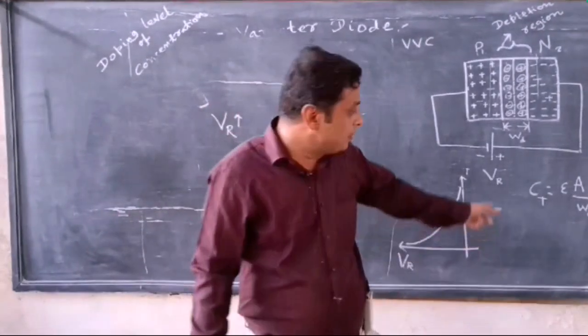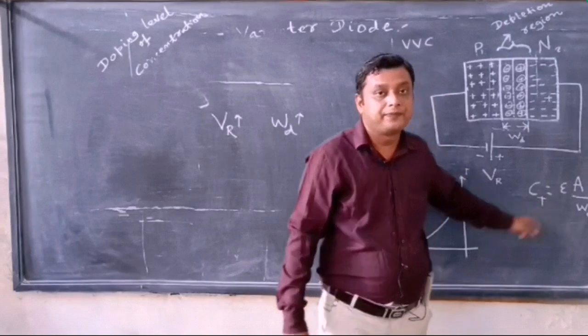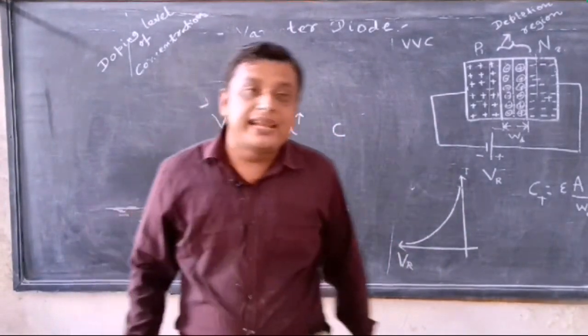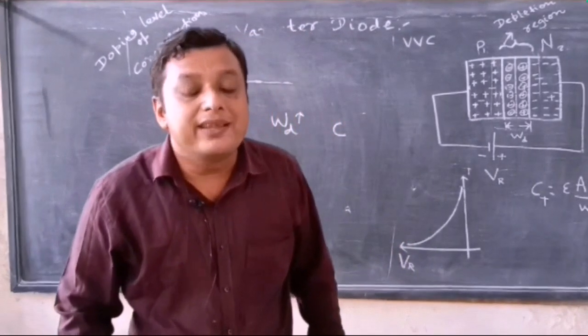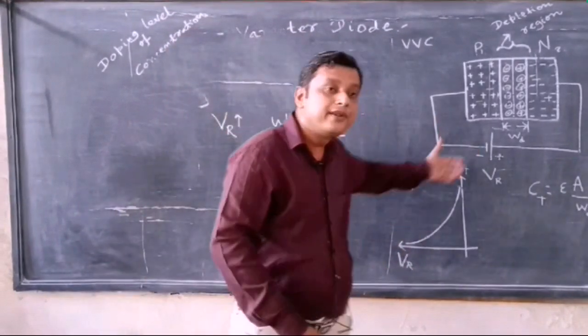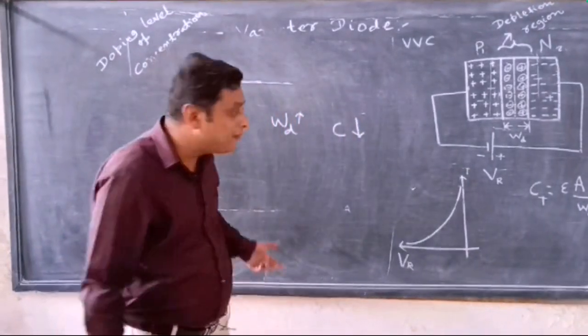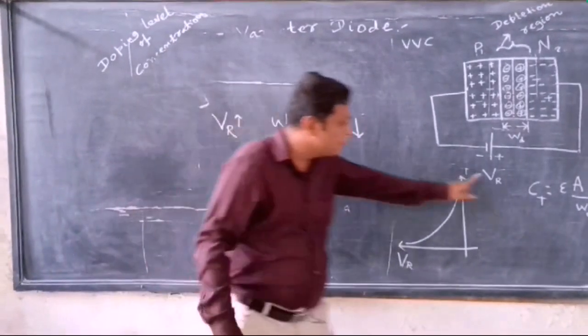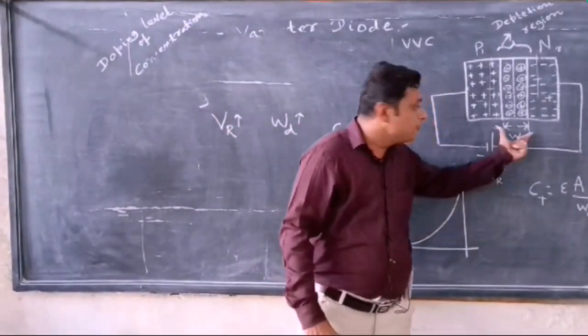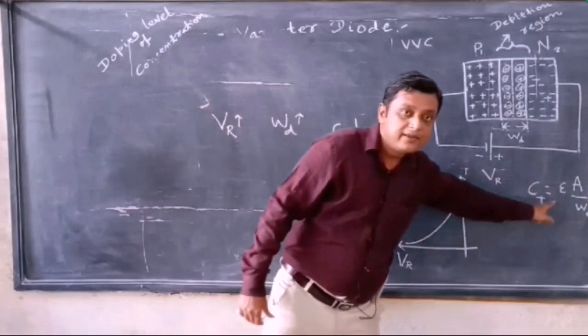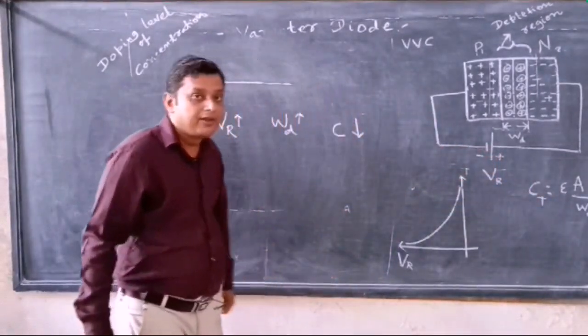But based on this formula, the capacitance which is being generated by this varactor diode will reduce. So if I am increasing this reverse voltage, WD increases, but the capacitance starts to reduce.